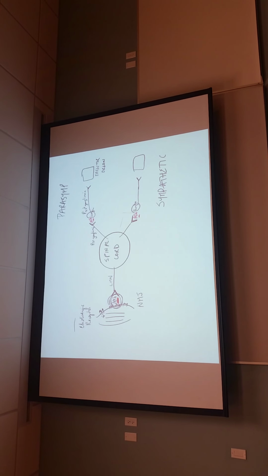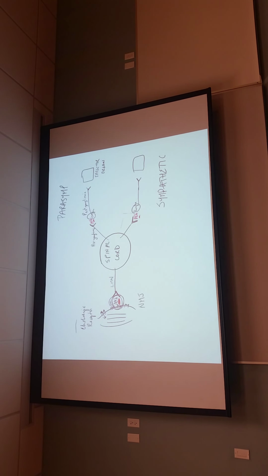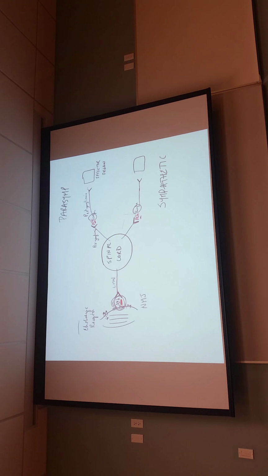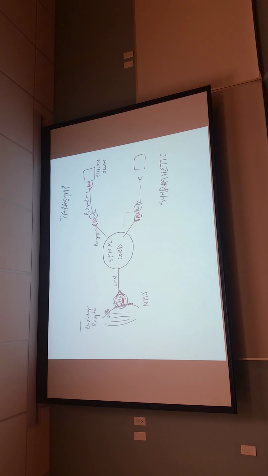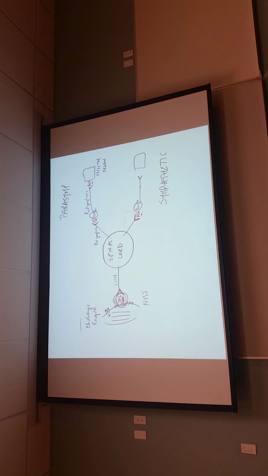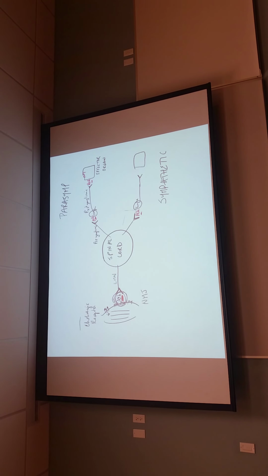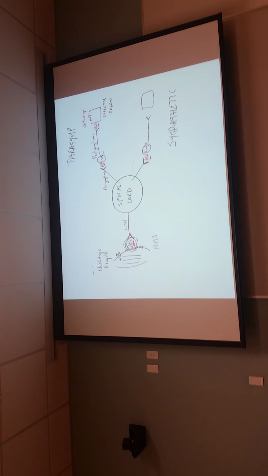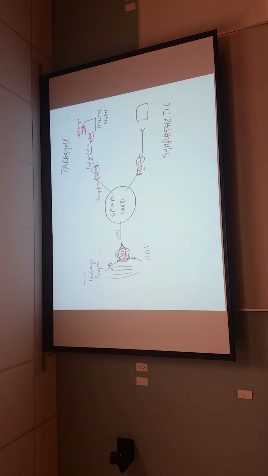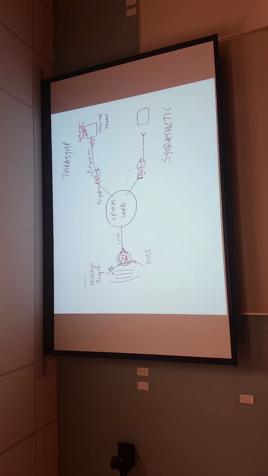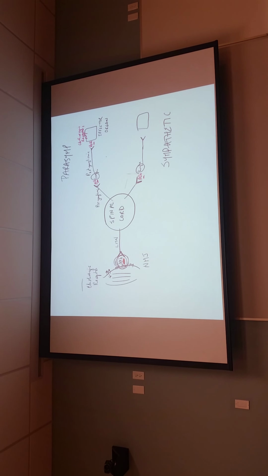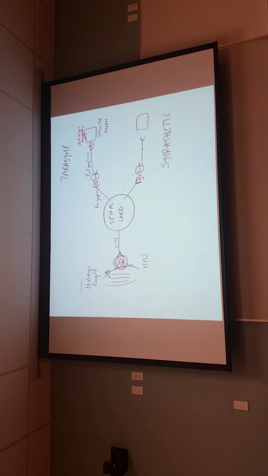The preganglionic neuron is going to secrete acetylcholine, and the postganglionic neuron also is going to secrete acetylcholine. And what do you think is the name of the receptor here? Cholinergic receptor. So the receptor here is going to be cholinergic.